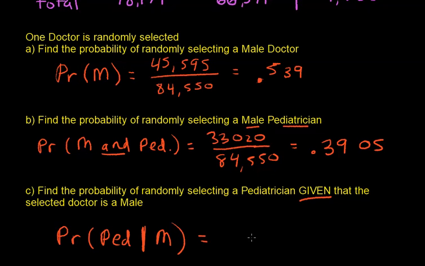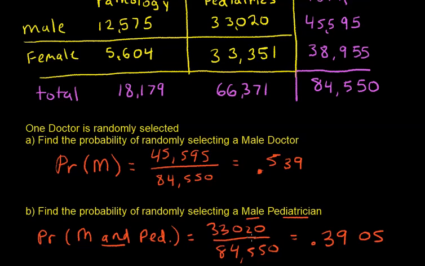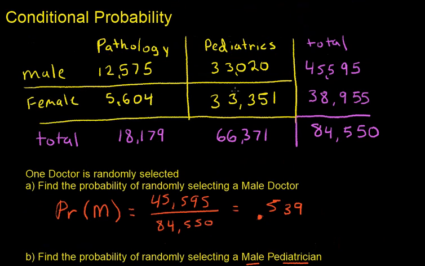Well, one way of thinking about it is looking at our data. One way of thinking about it is only the men are our new sample, basically. We no longer have the 84,550 people in the sample. Now we only have just the men in the sample, right?